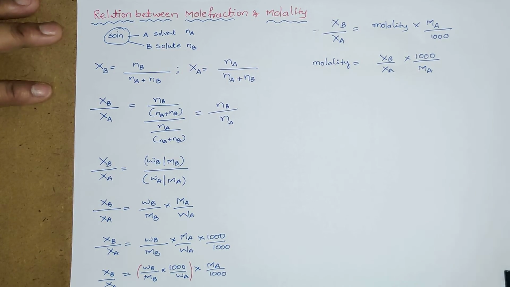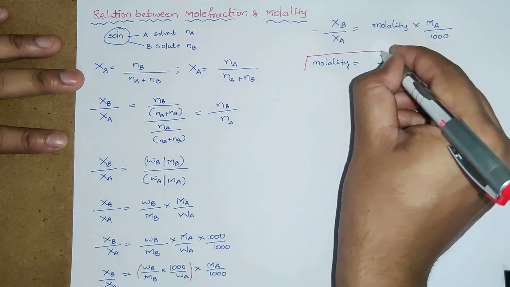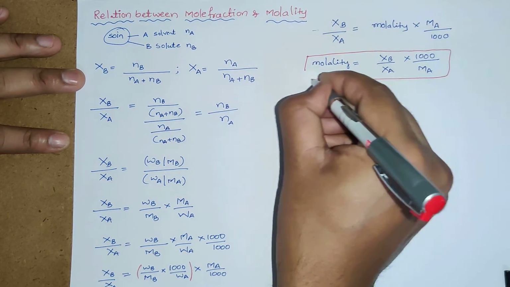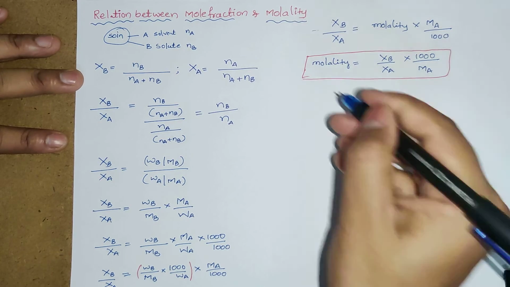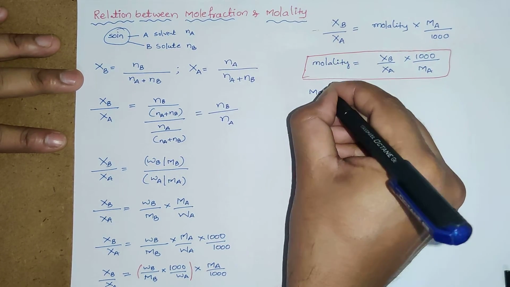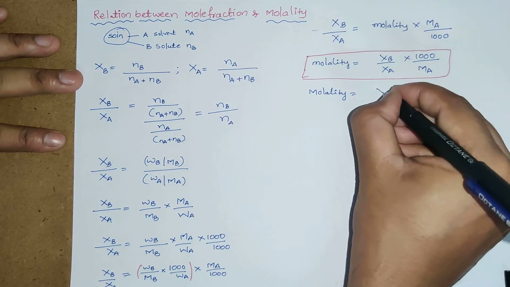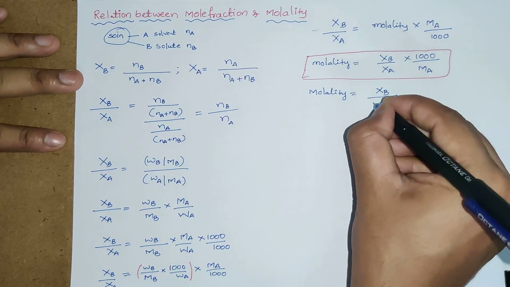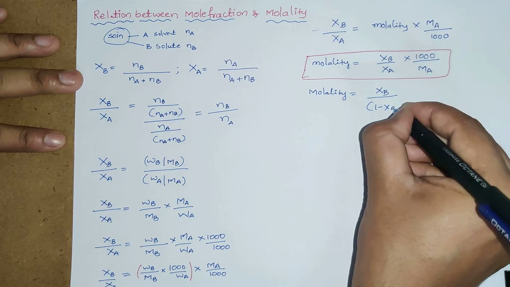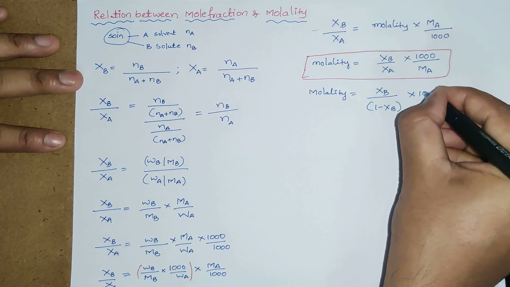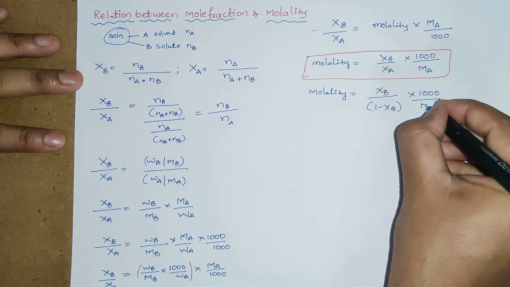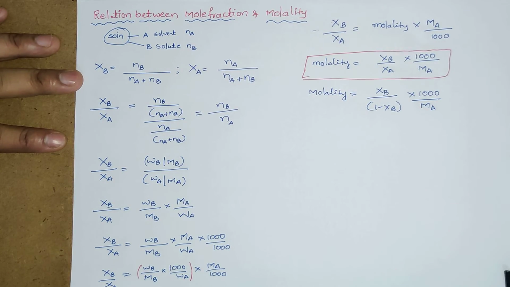So this is the one relation. The other one is molality is equal to, just like in the previous case, we can express it in terms of any one of the mole fractions of the components, then Xa is equal to 1 minus Xb, into 1000 by molar mass of solvent.